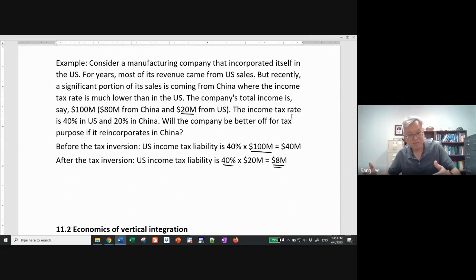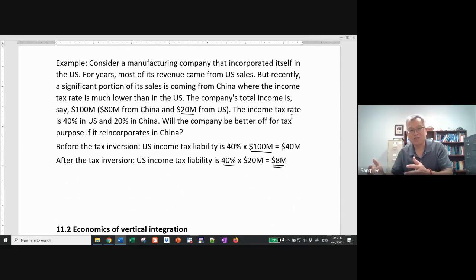Burger King wanted to move its business residence to Canada, where the income tax rate is relatively low. How did Burger King do it? Well, it acquired a Canadian donut chain, and then made that company the parent company of the Burger King business.